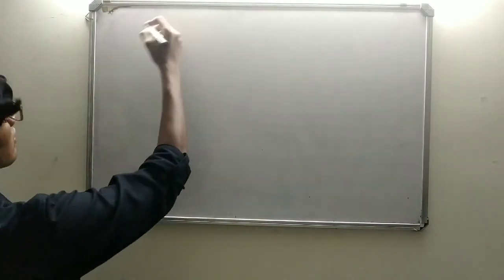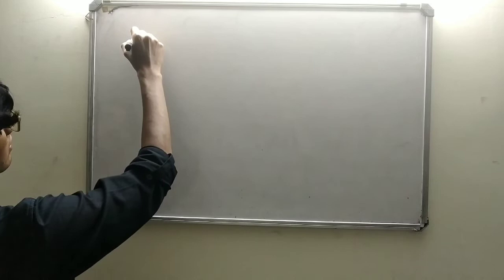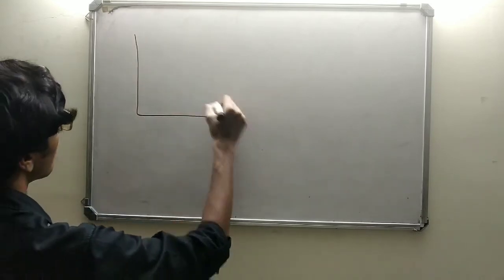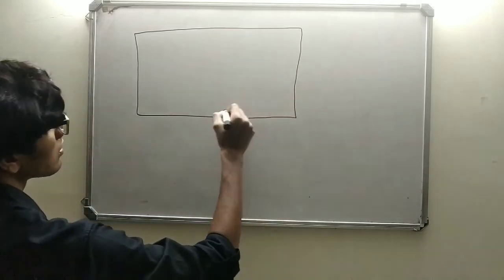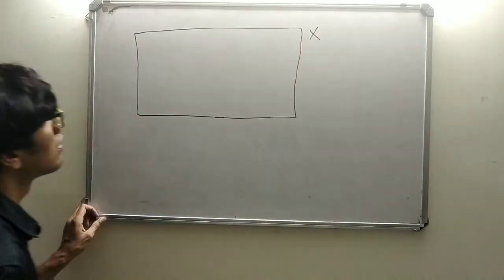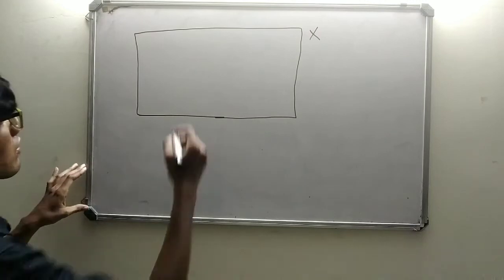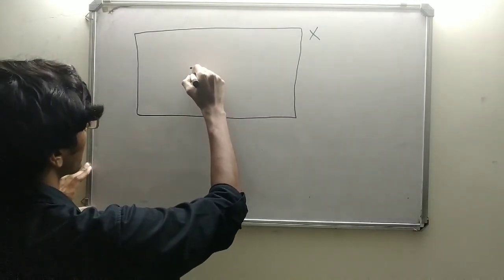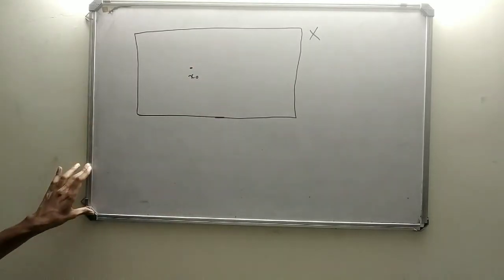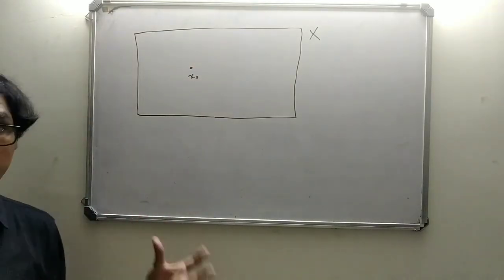Let's take a space X. I'm going to represent space X as a large rectangle. So this is a space X, and I'm going to take any arbitrary point x naught in the space X. So this is a point x naught, and we require a positive real number r.